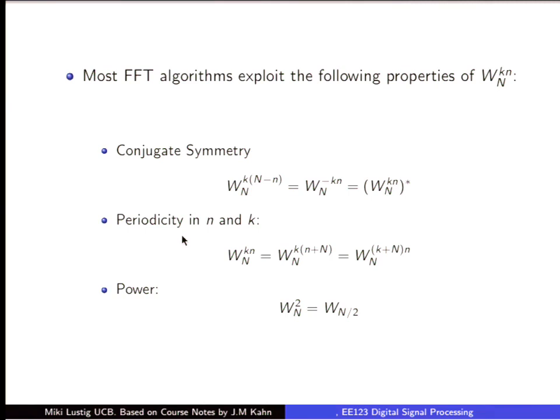It's kind of like a clock, remember? When we look at the phase, the phase repeats every N. So if you add a capital N to a small n, it's the same as adding a capital N to a k, and it's equivalent to not adding them at all.